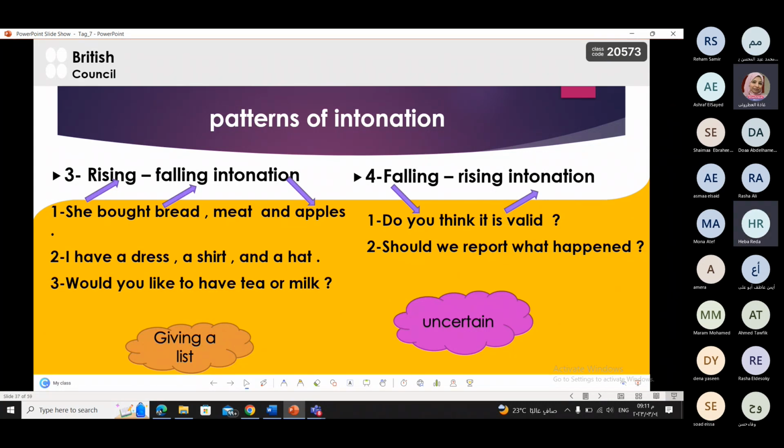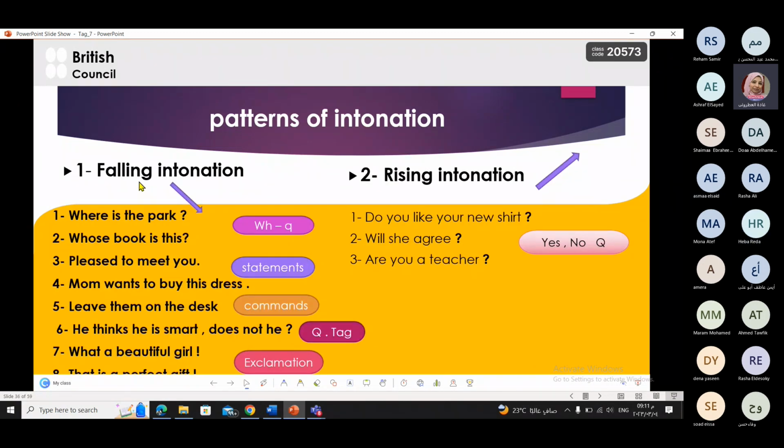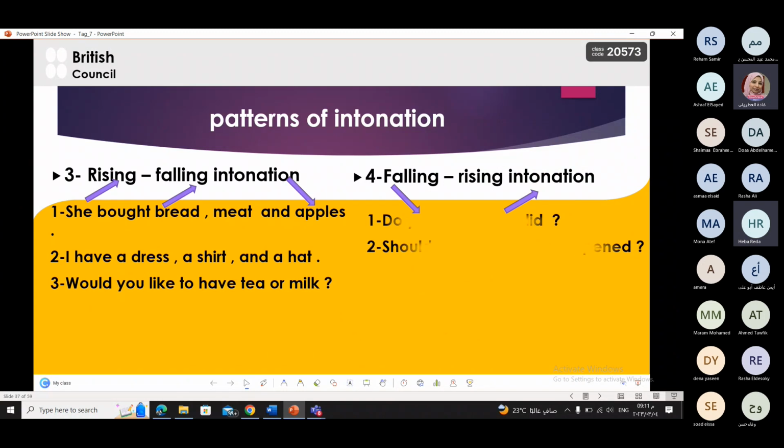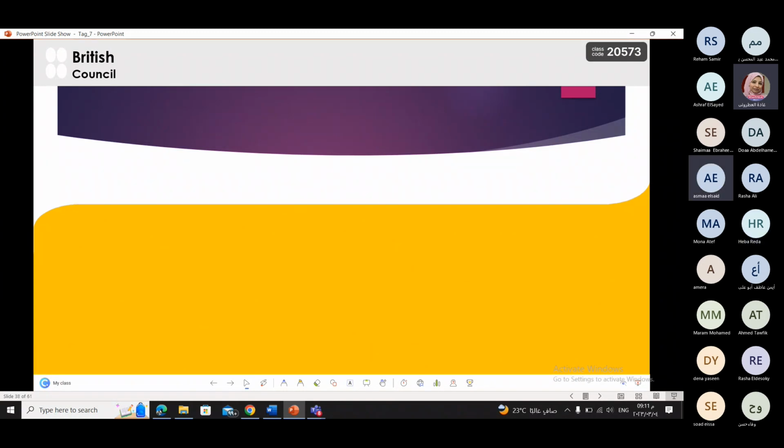We said falling intonation, rising intonation. Only two? They are four. Falling intonation, rising intonation, rising-falling, then falling-rising. Right. Four intonation patterns. Okay.